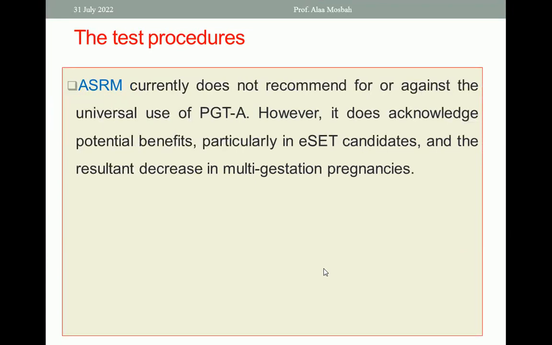what about the opinion of the American Society for Reproductive Medicine? It doesn't recommend for or against the universal use of preimplantation genetic testing for aneuploidy. However, it does acknowledge the potential benefits, particularly in elective single embryo transfer candidates and the resultant decrease in multi-gestation pregnancy.